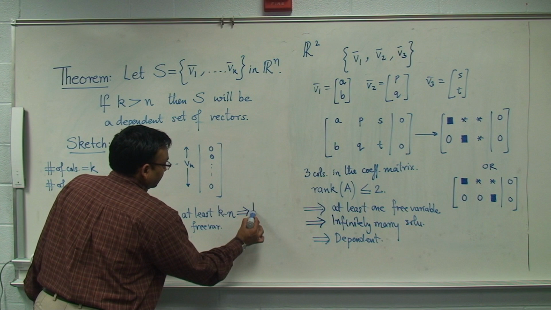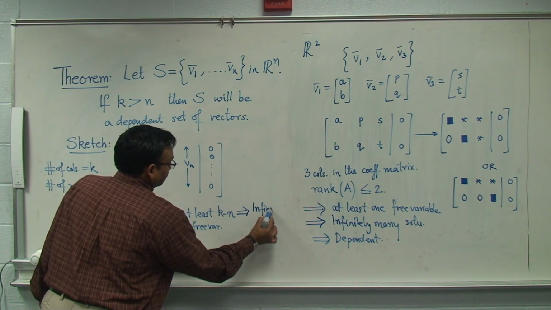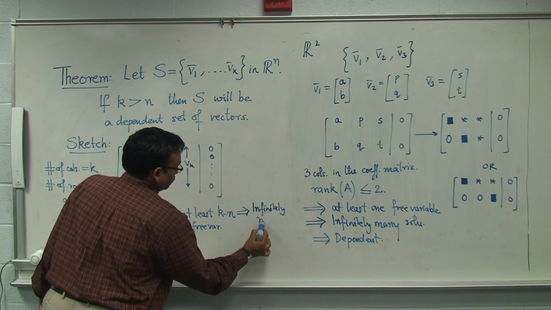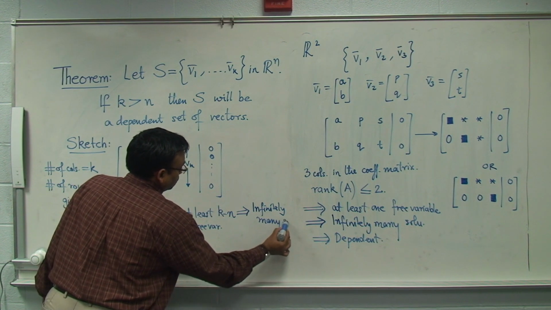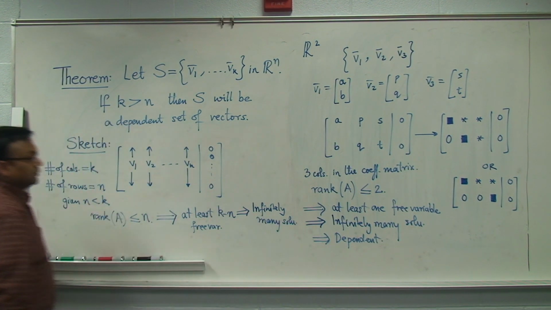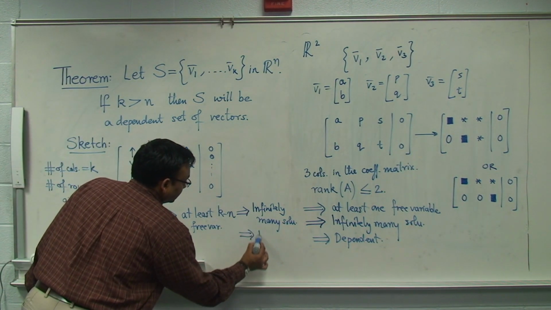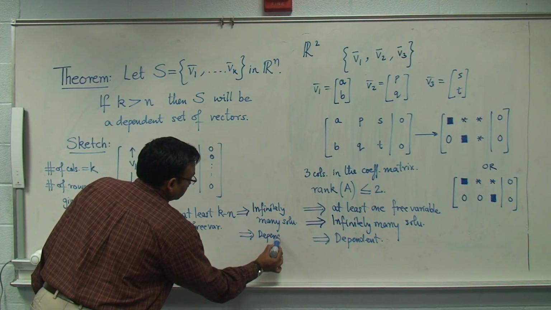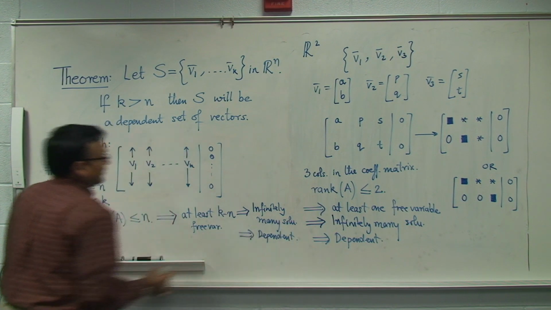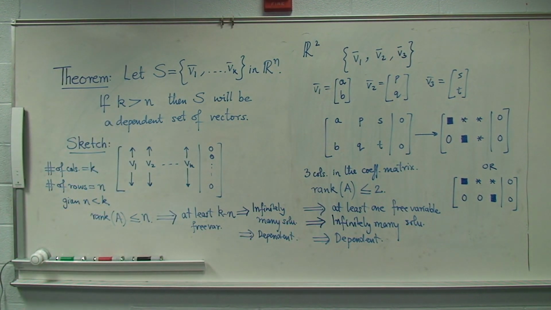And that means I will have infinitely many solutions. So in particular, I will have a non-zero solution, and hence my set would be a dependent set. So in fact, I have given you pretty much the proof, except for filling it with appropriate words. This is more than a sketch.